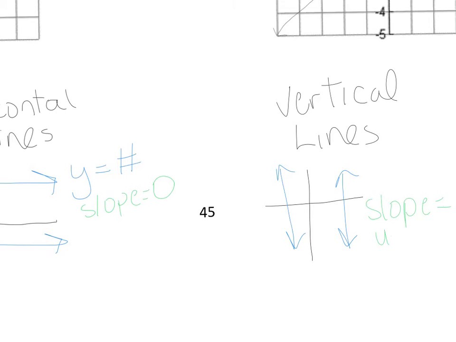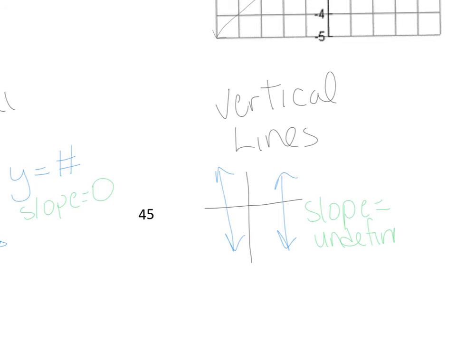Because the slope is undefined, when we go to write our equation, the line doesn't cross the y-axis. Take a look at it: the line at no point crosses the y-axis. Even if you were to have a line on the y-axis, it doesn't just have one point, it has every point on the y-axis. So our equation is going to be simply x equals the number.